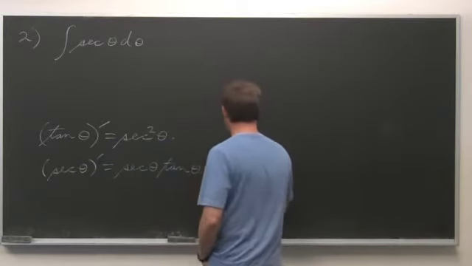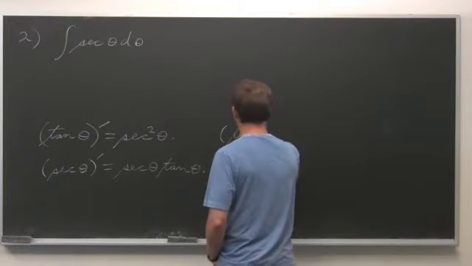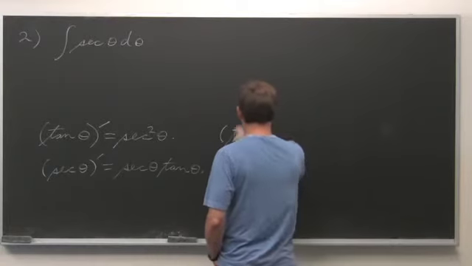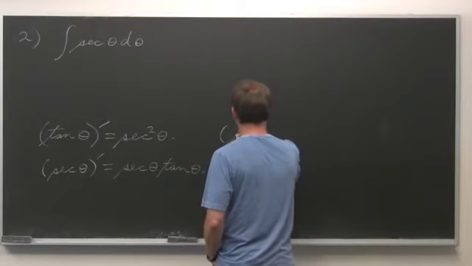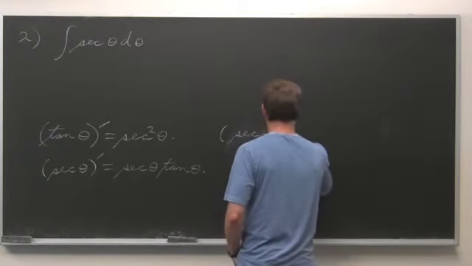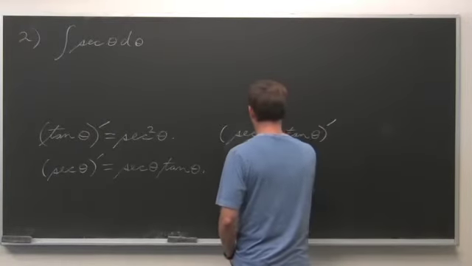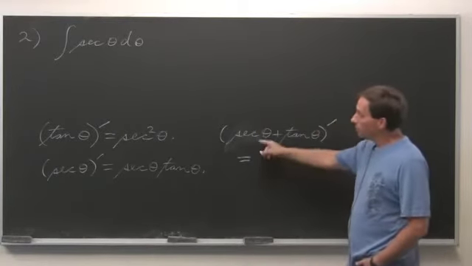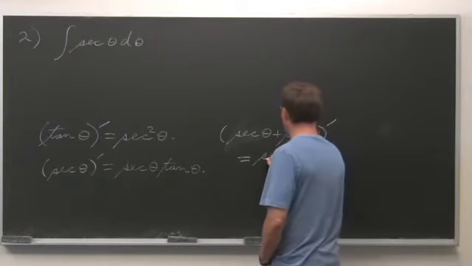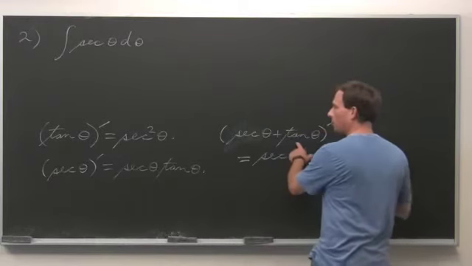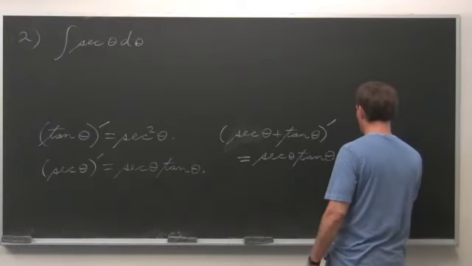And if you combine these, what that means is that if you take secant theta plus tan theta prime, so take the derivative of that sum, you get secant theta tan theta plus the derivative of tangent, which is secant squared.